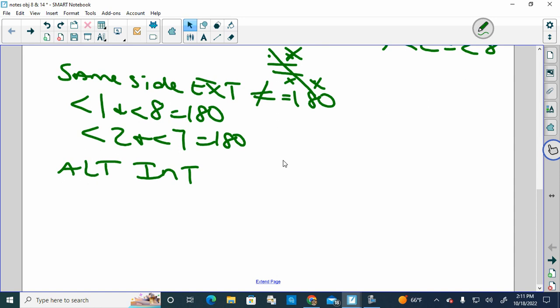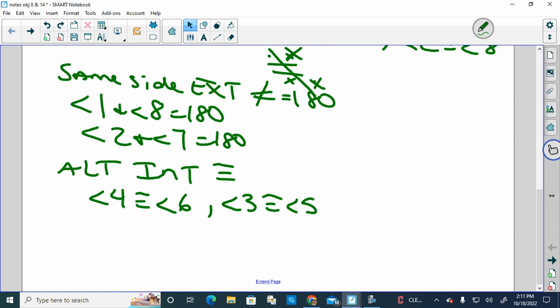They are, so they're congruent. Angle 4 is congruent to angle 6. What's my other pair? Angle 3 congruent to angle 5. So we did alternate interior.